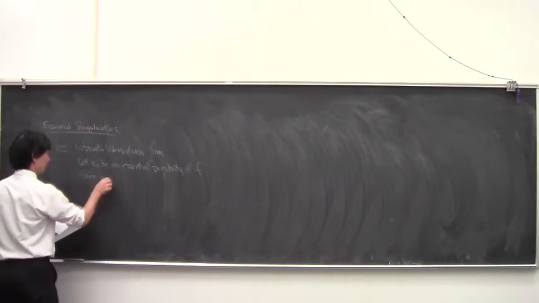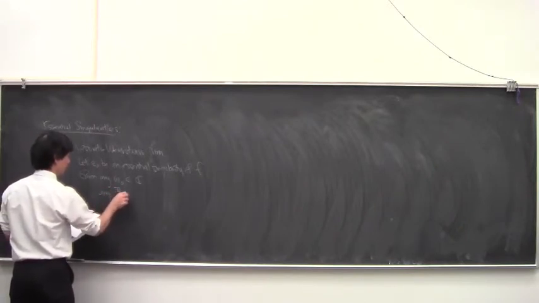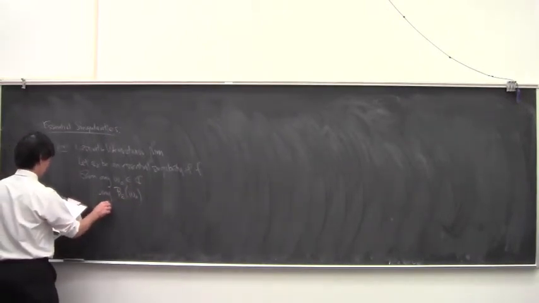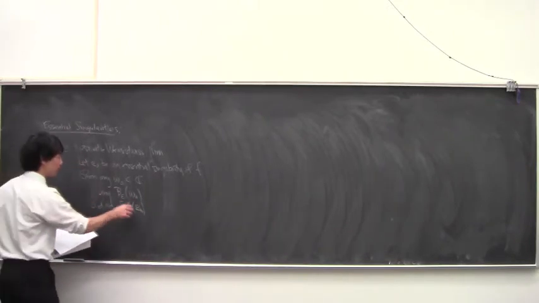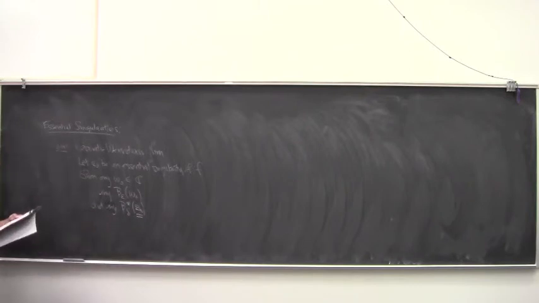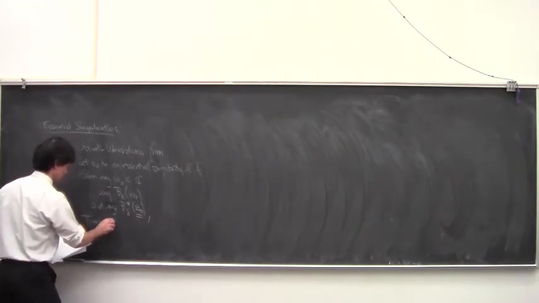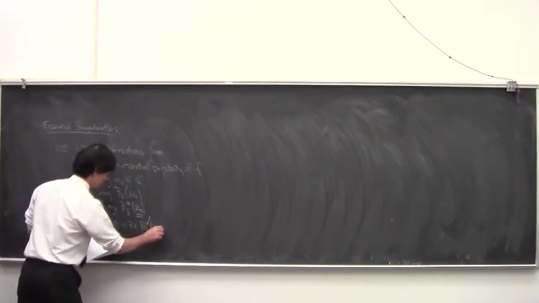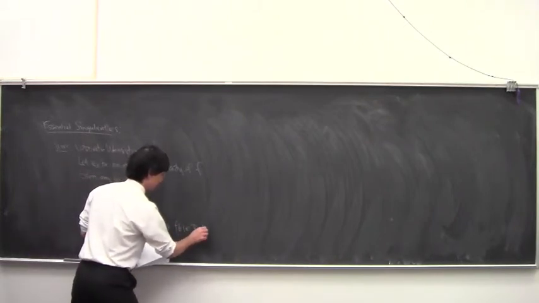Given any w naught in C, and given any neighborhood of w naught, and any punctured ball around the singularity, there exists a z in the punctured neighborhood of z naught such that f of z lies inside of the epsilon ball of w naught.